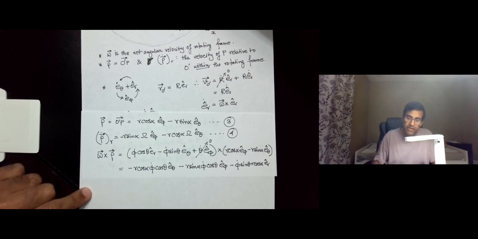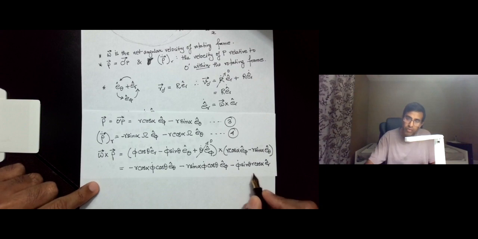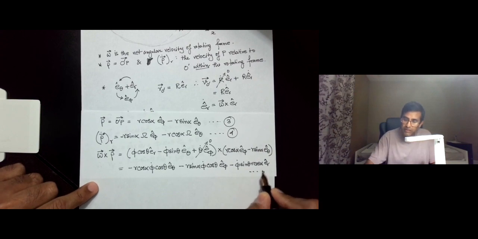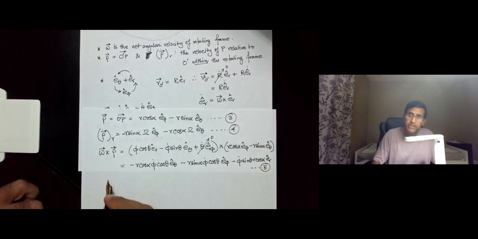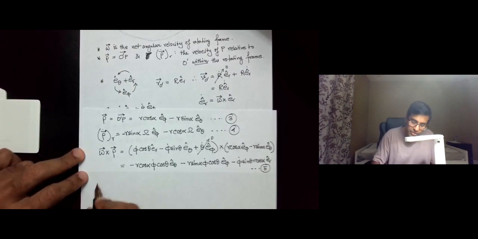So this is our expression for omega cross rho. We can call this equation 5. Now it's just a matter of making substitutions.